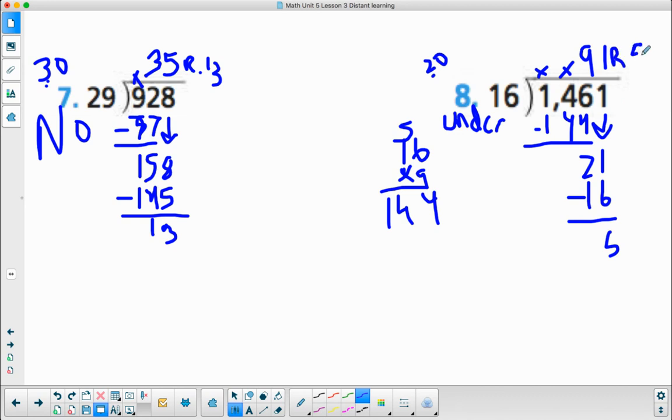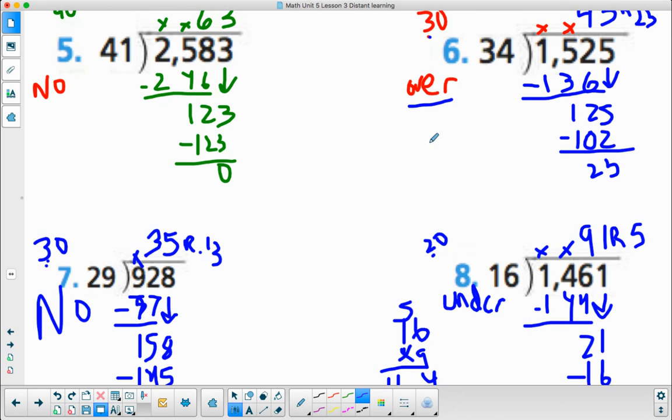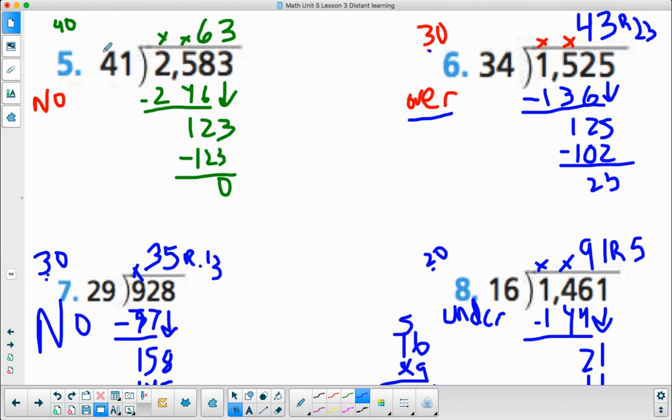So now let's take a big picture look. So 41 and 29, no adjustment. 34, 16, I had to adjust. So what do I notice about these divisors that's different? Okay, hopefully you notice this.